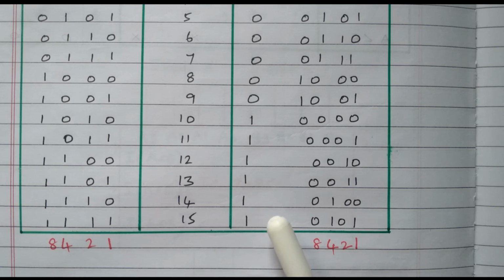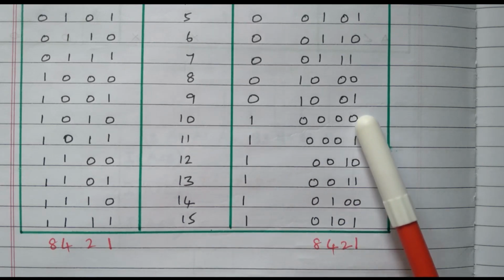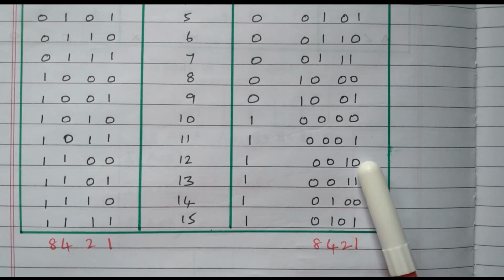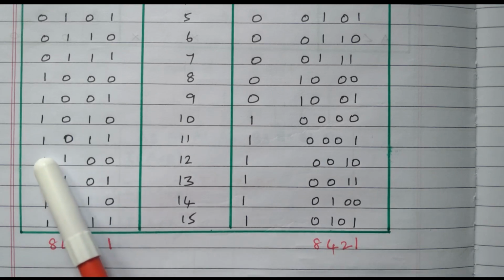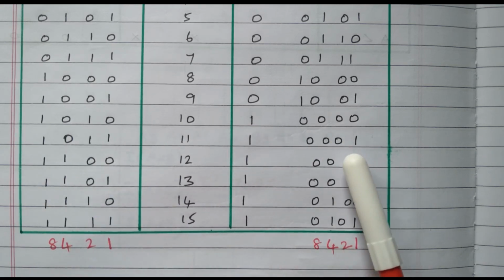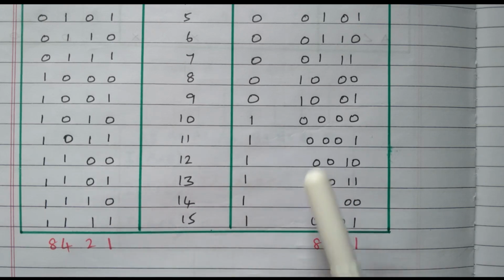Now we have 5 terms available: D0, D1, D2, D3 and D4. The values are available, 1, 0 like that. For this we need to get the Boolean function in order to implement it with logic gates, so that binary will be converted into BCD. By using logic gates we can convert from binary to BCD.